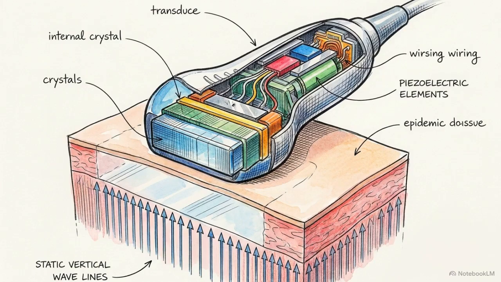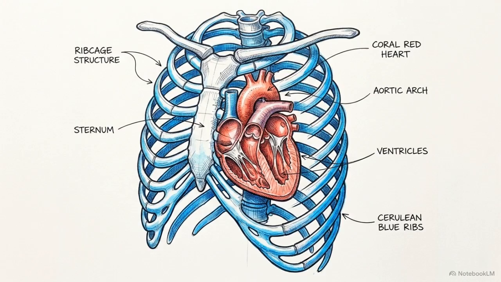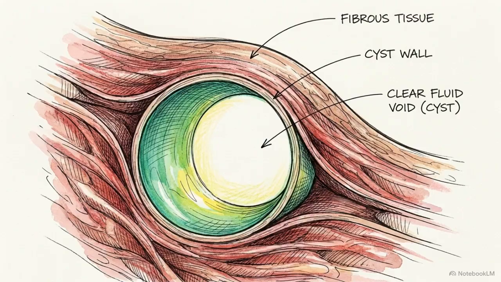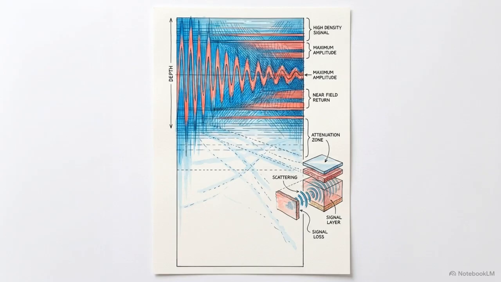But since these harmonic waves aren't formed until the sound is already deep in the tissue, those superficial bounces are never captured. This reduction in clutter is essential for specific scenarios: cardiac imaging through ribs, assessing fluid-filled structures, scanning obese patients, and measuring carotid artery walls. There are physical limitations to this technique.